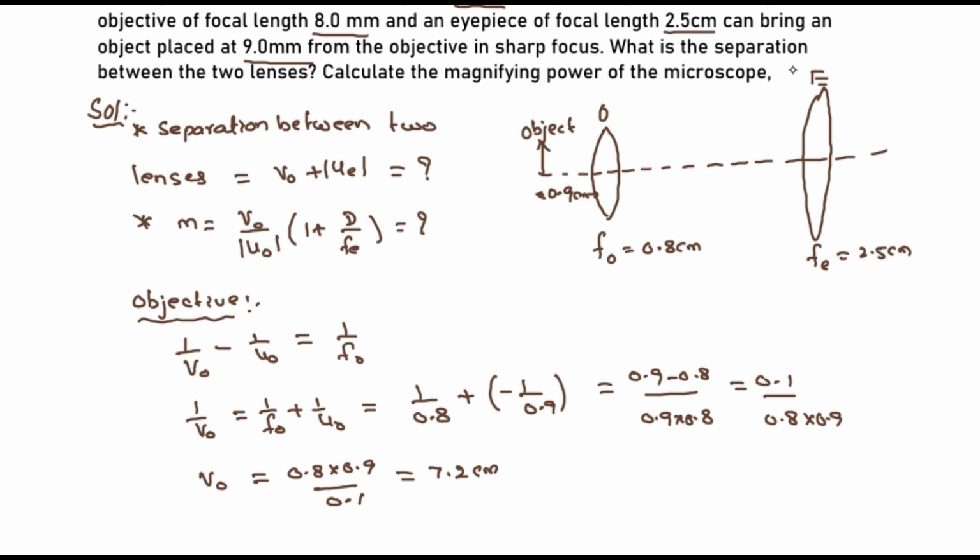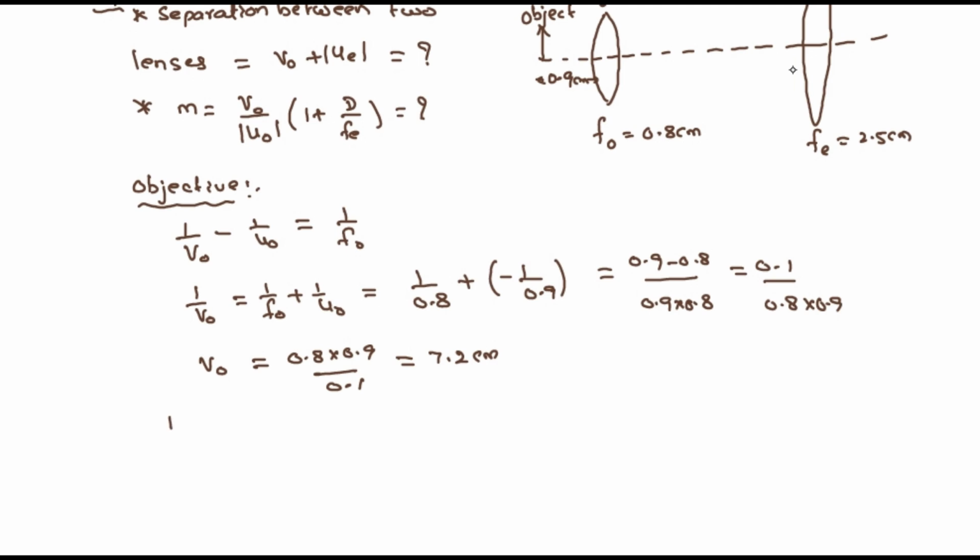So we apply the same thin lens formula for the eyepiece: 1 by VE minus 1 by UE is equal to 1 by FE. From this, 1 by UE is equal to 1 by VE minus 1 by FE.